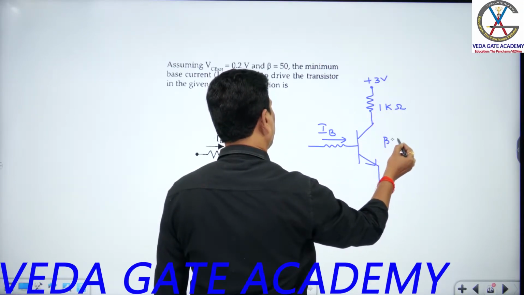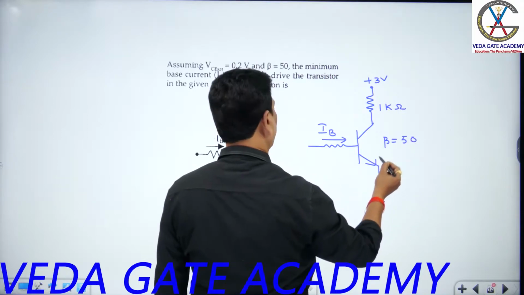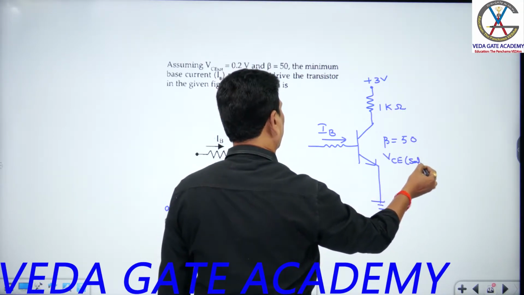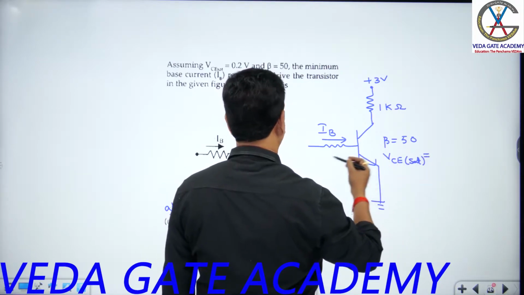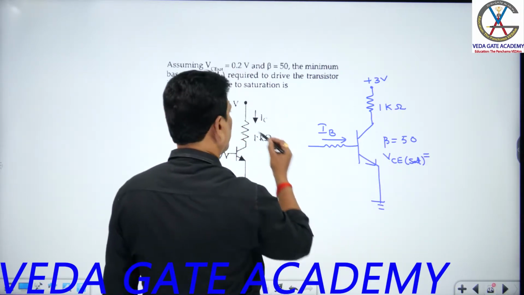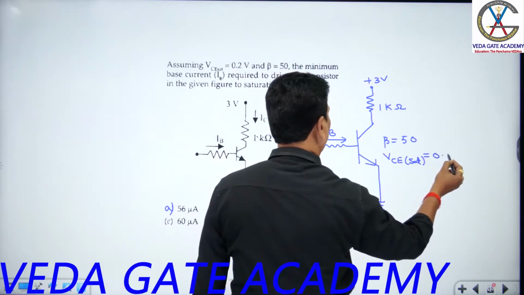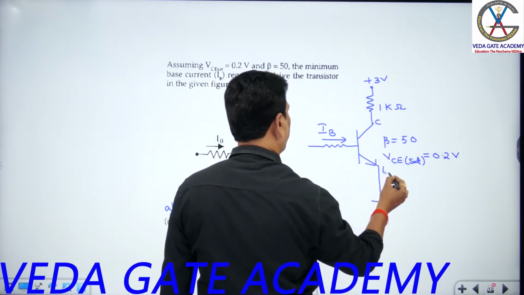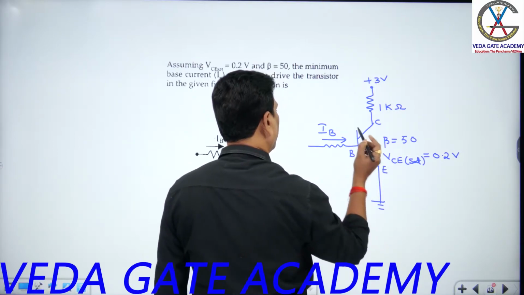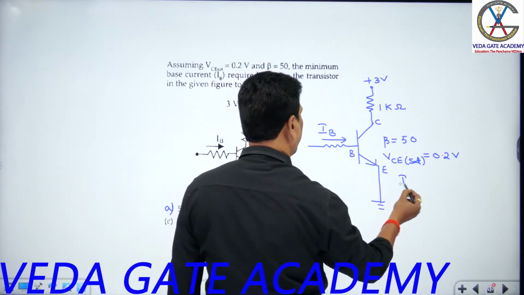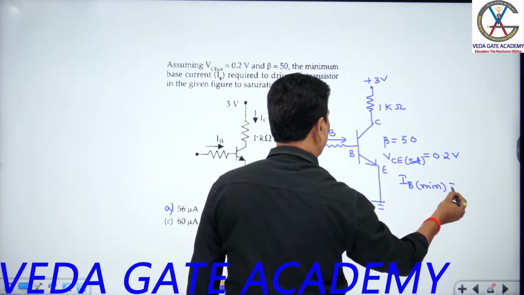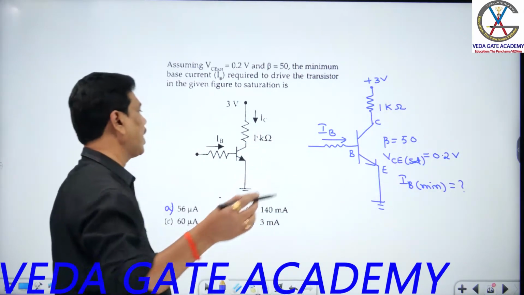Beta is given as 50, and VCE saturation is 0.2 volt. This is the collector, emitter, base. So you're asking the minimum base current under saturation mode, IB minimum.